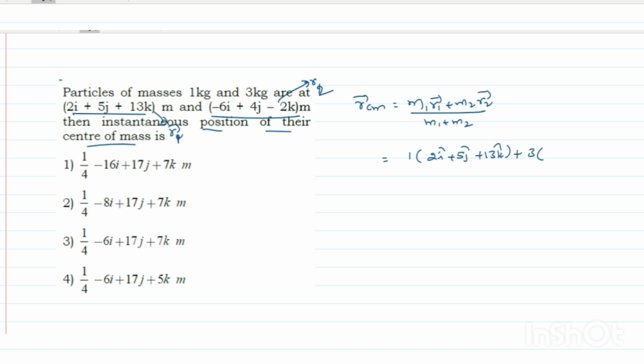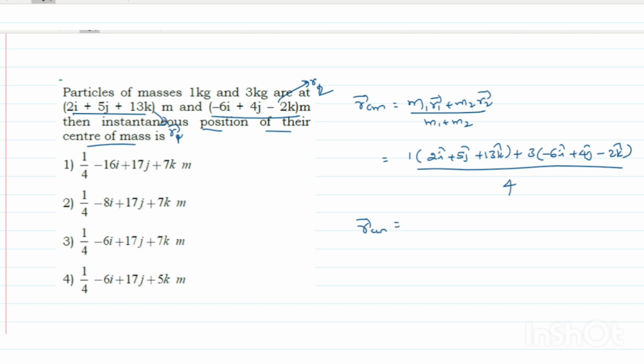M2 is given as 3 kg, and R2 is minus 6i cap plus 4j cap minus 2k cap. M1 plus M2, 1 plus 3, will be 4. Then you have to simplify this, students.